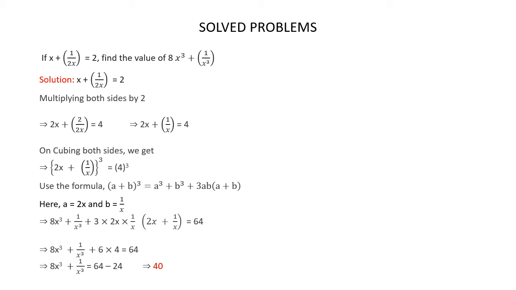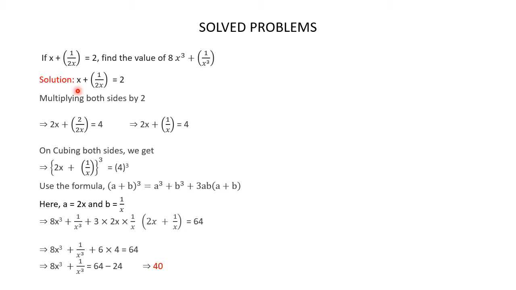If x plus 1 by 2x is equal to 2, find the value of 8x cubed plus 1 by x cubed. Now you know that 8 is nothing but 2 cubed. So to get 2 cubed x cubed, we have to have 2x here instead of x first. So first you have to multiply both the sides by 2.